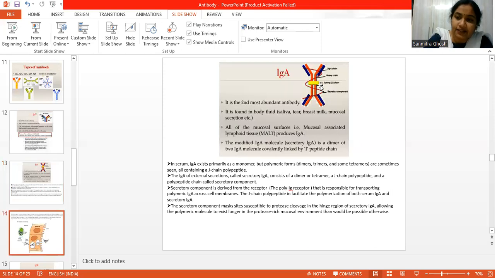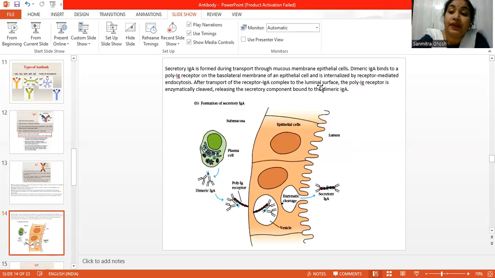In the next slide, we are going to have the pictorial representation of what I said just now. That is how this IgA antibody actually is secreted out. So, as you can see, here we are having a plasma cell derived from the precursor B cell, which is now dedicated for secretion of the IgA.